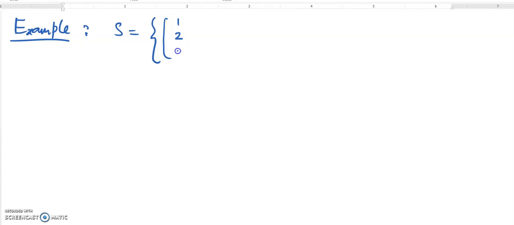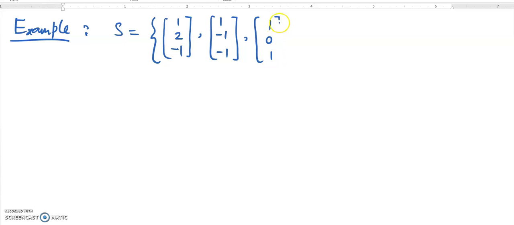That is the subspace: 1 2 minus 1, and 1 minus 1 minus 1, and 1 0 1.